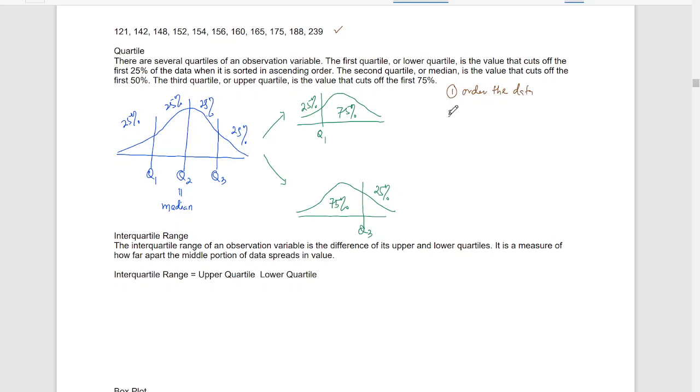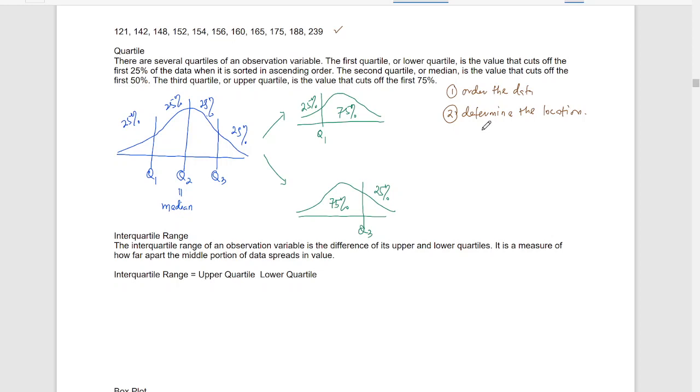The second step is to determine the location. To determine location, right now you have 1 and 3. Yang 2 ni kita tak perlulah sebab yang 2 ni sama dengan median.